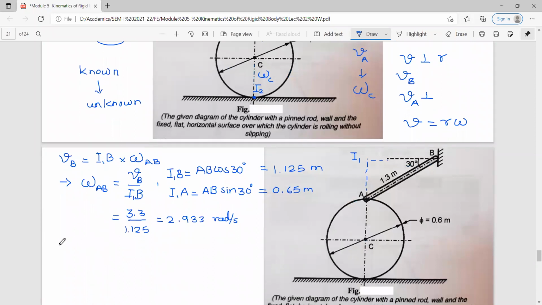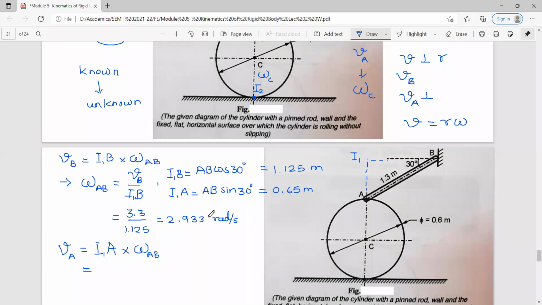I will write down the formula for velocity of point A. I am considering that point A is on rod AB. So the ICR of rod AB is I1. From I1, the distance of point A, that is I1A, is the radius, into the angular velocity of rod AB. Because point A is on rod AB, we have assumed, and our assumption is right.